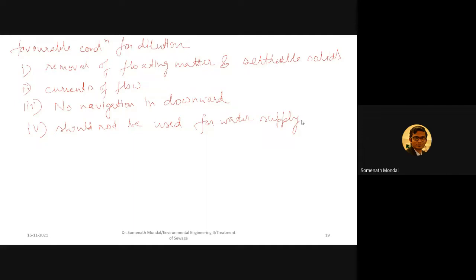This phenomenon, which occurs in all natural waters, is known as self-purification of natural waters, and this is what we are expecting from nature. You are simply putting some concentration of unpurified water into the water bodies, and then giving it some time so that naturally it can heal itself.